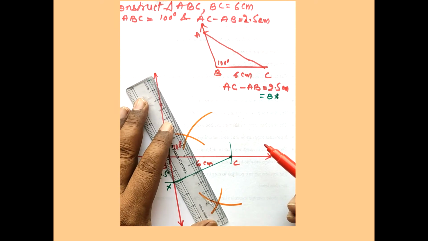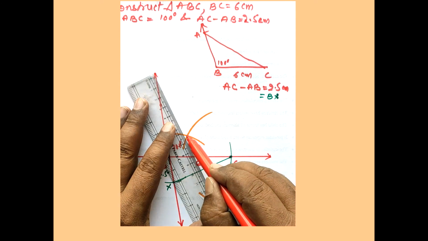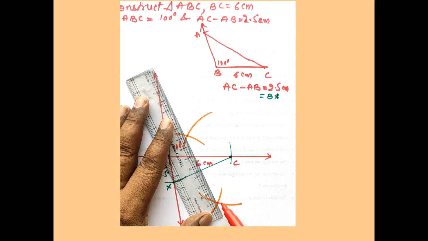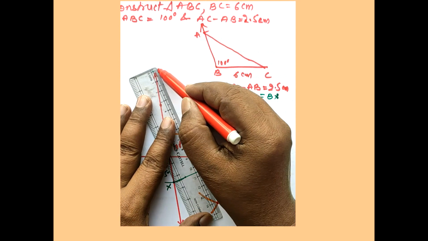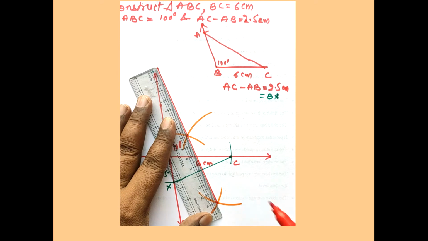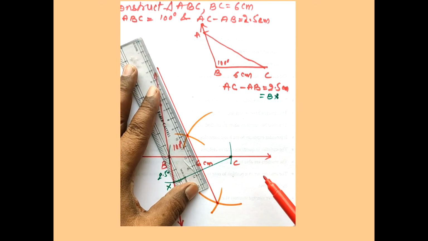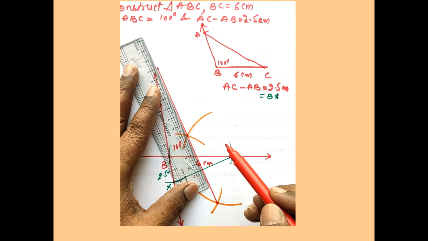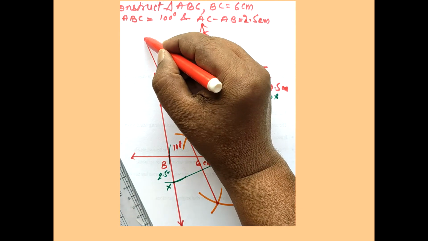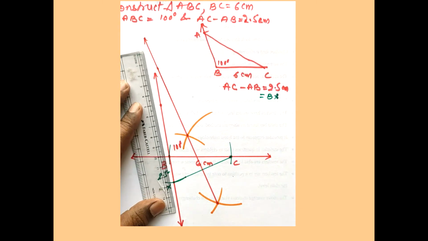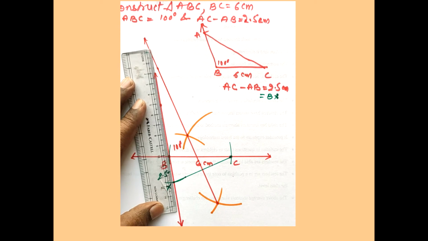We will draw a line from these 2 points. You can extend it, because only after extending will it intersect the line which is drawn upward. We have to extend this line also.